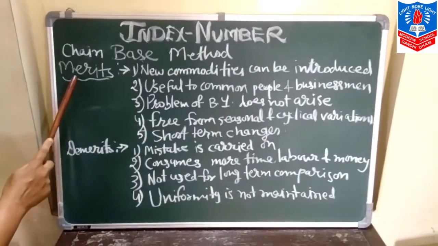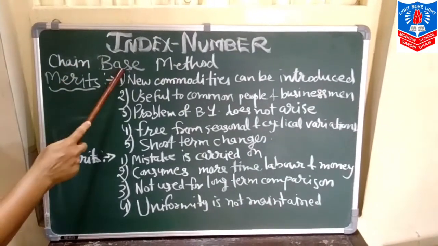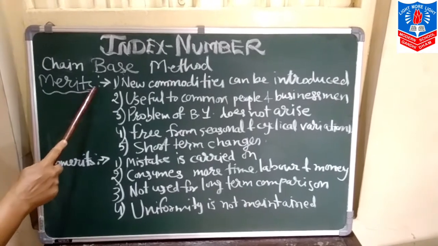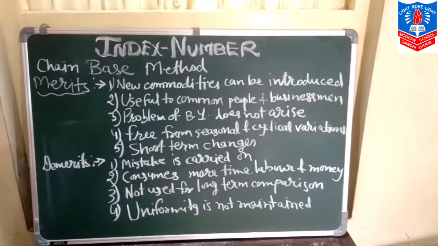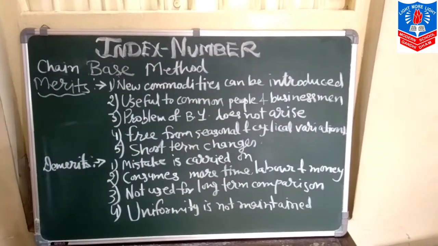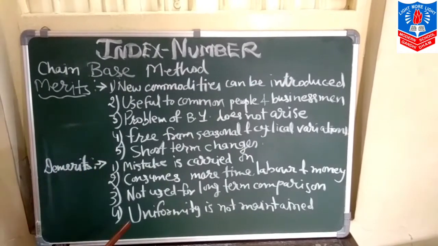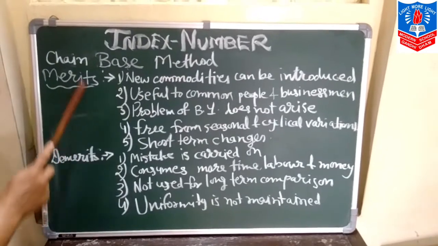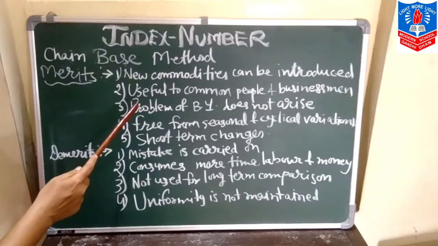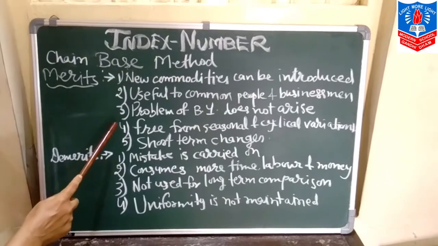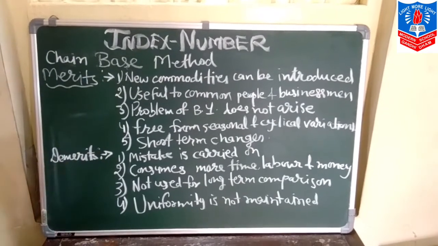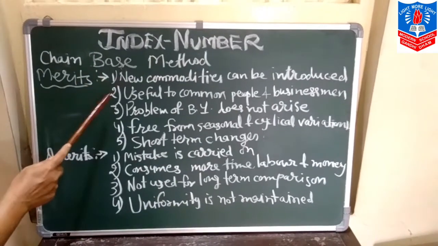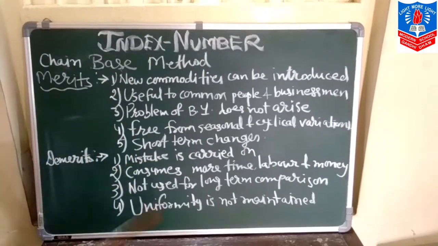Next topic, that is merits and demerits of chain base method. Now first, merits. New commodities can be introduced and outdated commodities can be removed with the help of this chain base method. Why is it to be done? Because with the changes in taste, habits and customs of people, many new commodities enter the market.